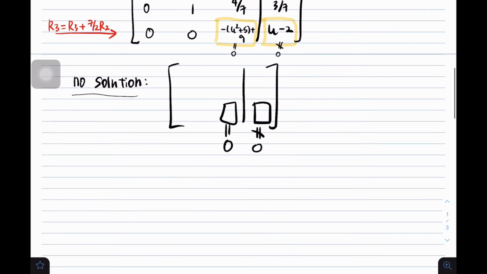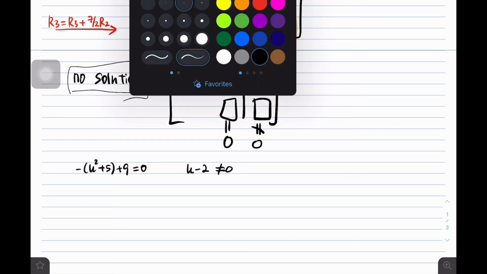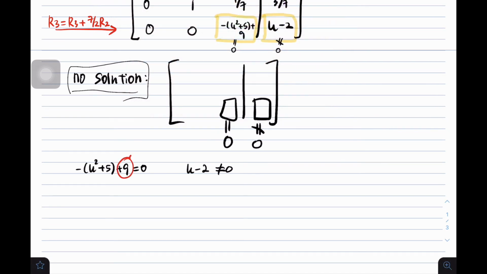So let's write our equation here. We have negative k square plus 5 plus 9 equal to 0, and we have k minus 2 not equal to 0. Must fulfill because we want our system to have no solution. Now we just need to settle this one. Positive 9, bring here, it becomes negative 9.